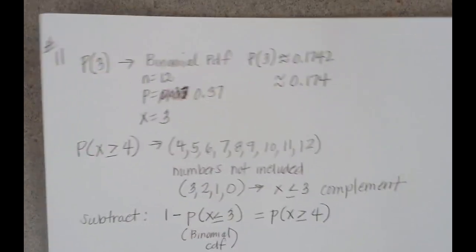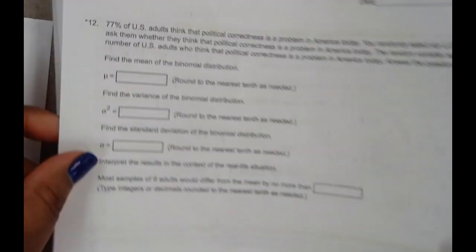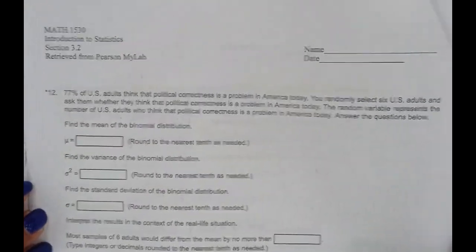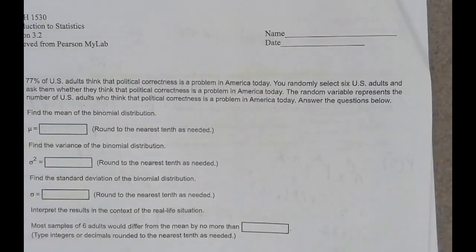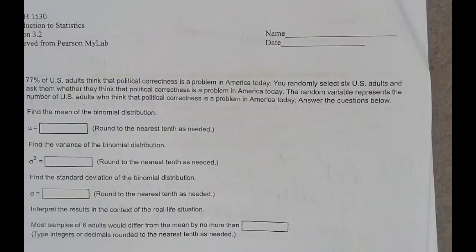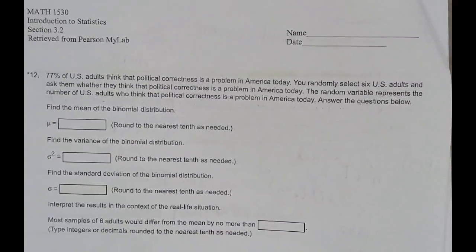So for number 12, let's look at the problem for number 12. It says 77% of U.S. adults think that political correctness is a problem in America today.